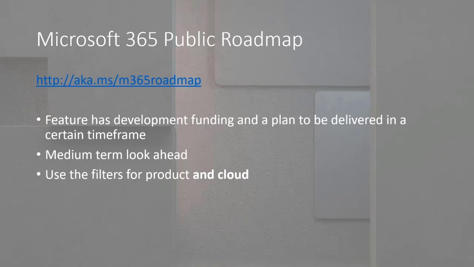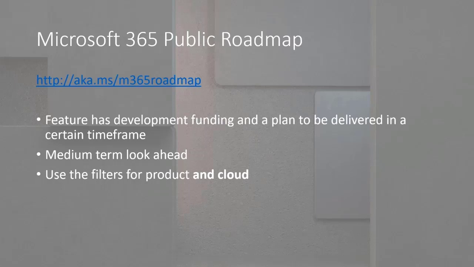And once they've got that design figured out and they've decided to give the hours to the engineers who need to build it, it typically ends up getting added to the M365 public roadmap. What you'll see on the public roadmap is features that, once they're actually committed to delivering, they're going to create this entry. And it can give you that medium-term look ahead.